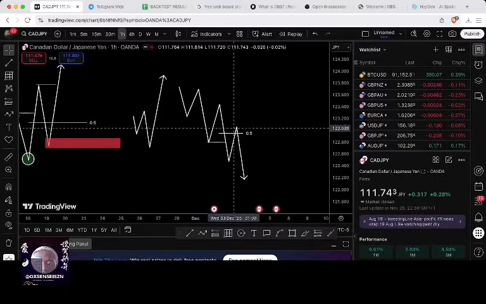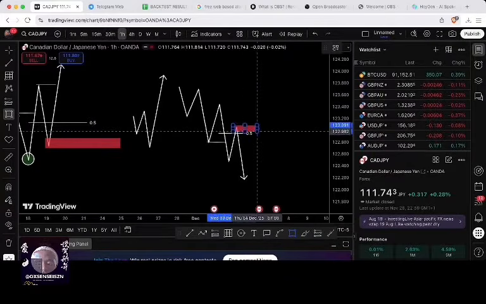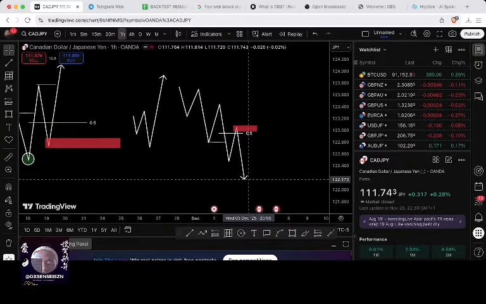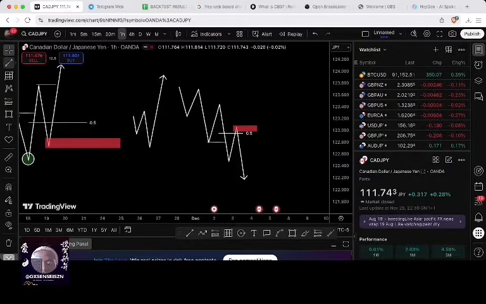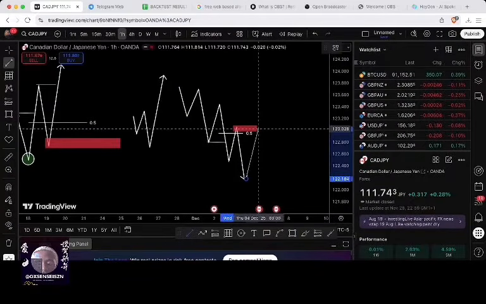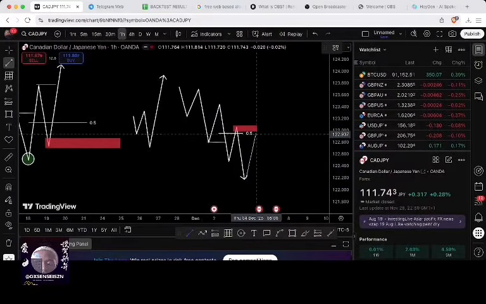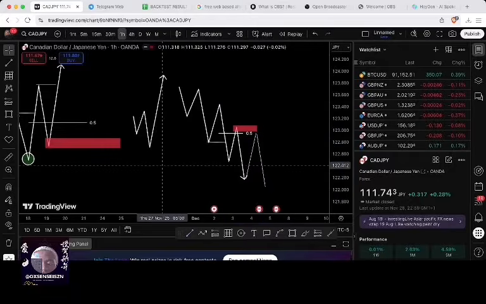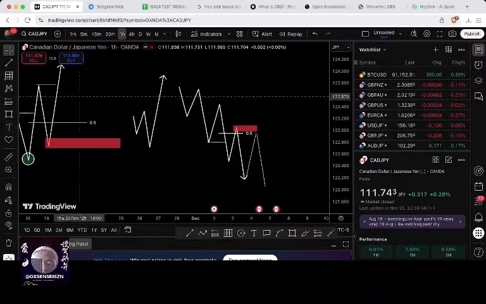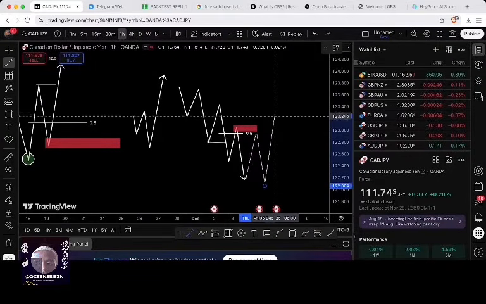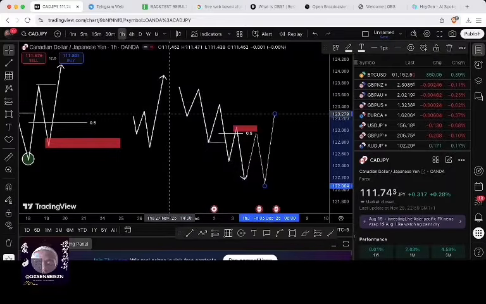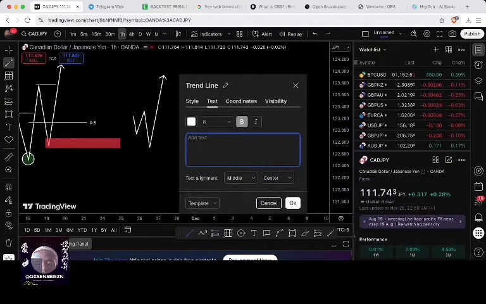Price will tap into premium, and then we sell off to the downside. If the market continues being bearish, we should expect this price action to form until we have a break of structure to the upside, which means we have departed from this particular downward trend.